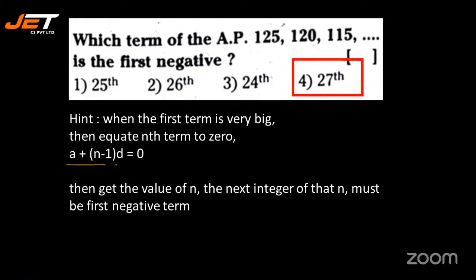So we use the formula: 125 plus n minus 1 into d is 0, where d is 120 minus 125, that is minus 5.